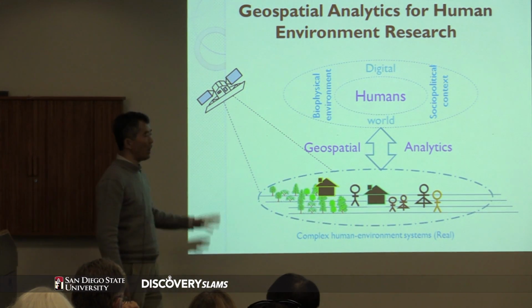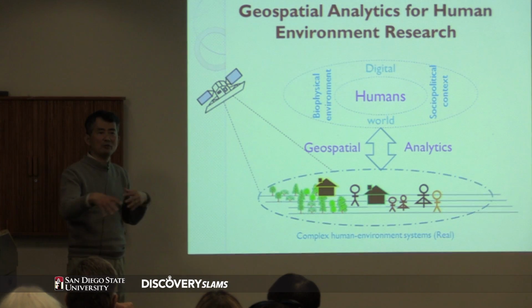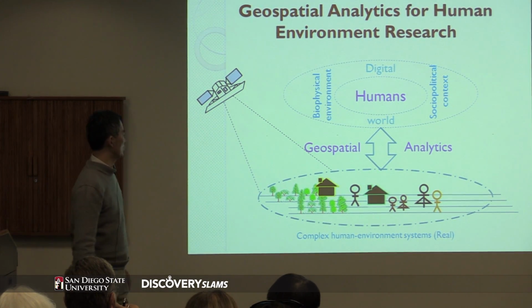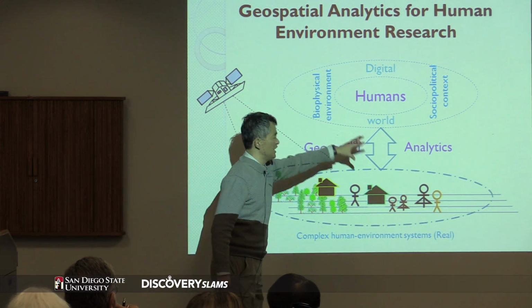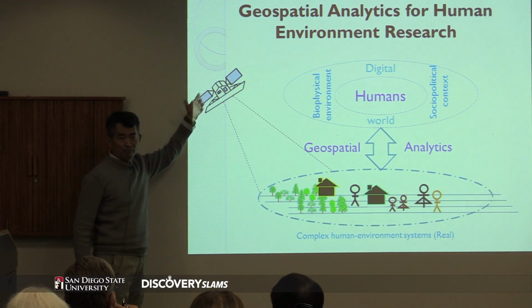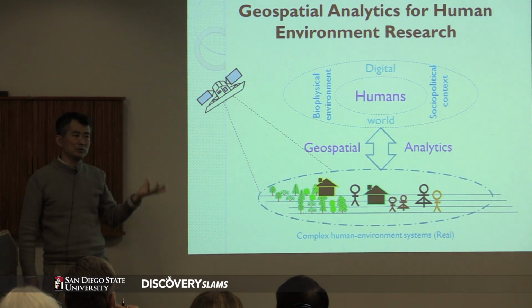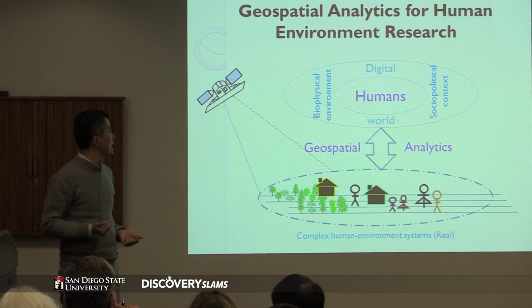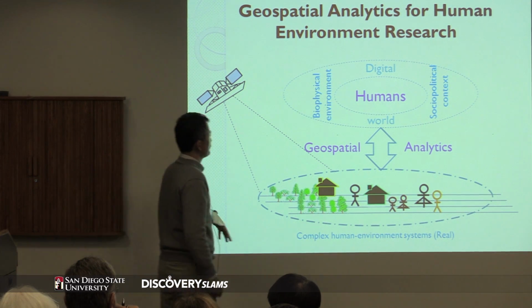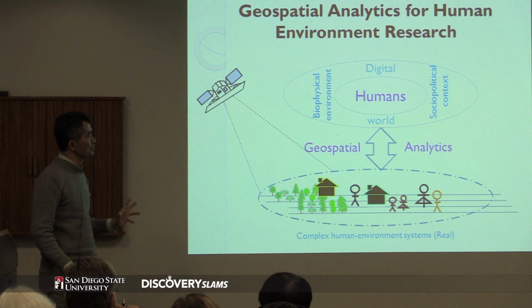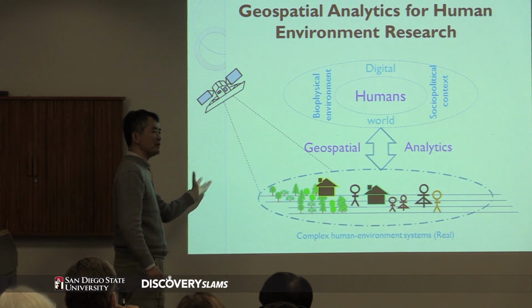We want to know how people interact with the biophysical environment and also the socio-political environment. So of course, we use lots of geospatial analytics. For example, we use satellite imagery to monitor and detect changes on the ground. At the same time, we use GIS, modeling, spatial statistics, and so on, to help us understand what is really happening on the ground.